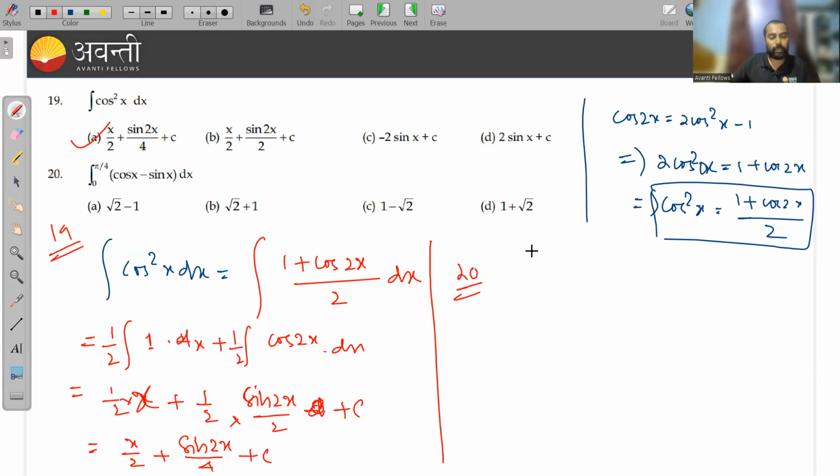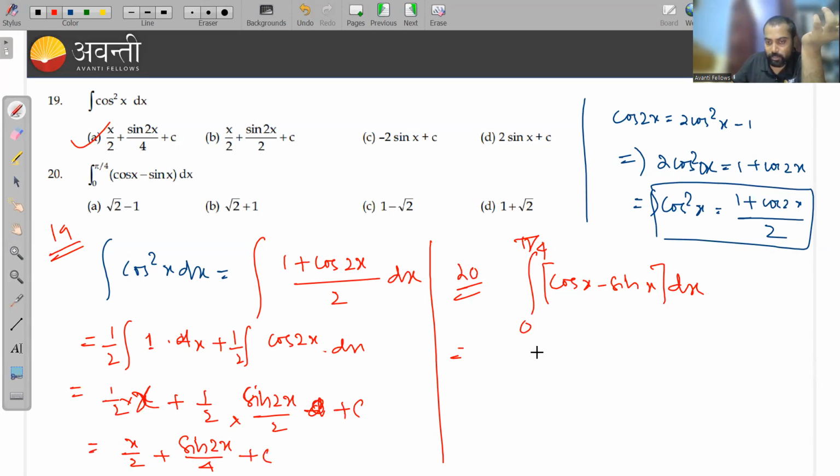That is here, 0 to pi by 4 integration of cos x minus sin x dx. So this is a definite integration, right? So what we'll do first, we'll integrate the given function. So that is cos of x. Integration of cos x is sin x, and integration of sin x is minus cos x. So minus of minus is plus cos x.